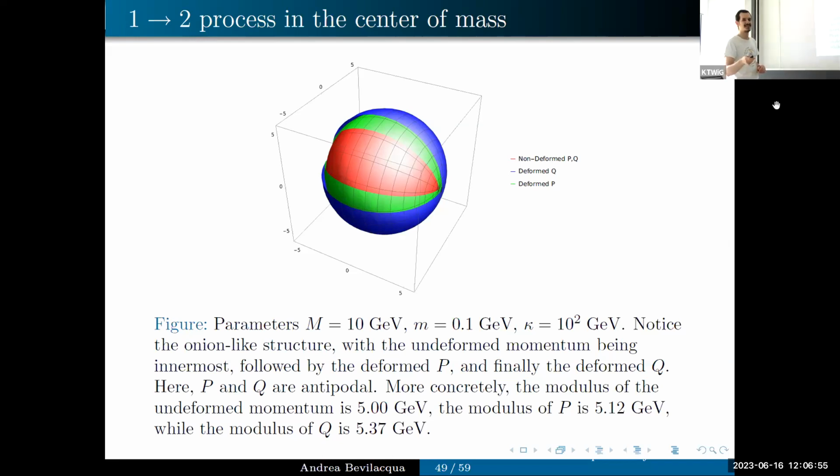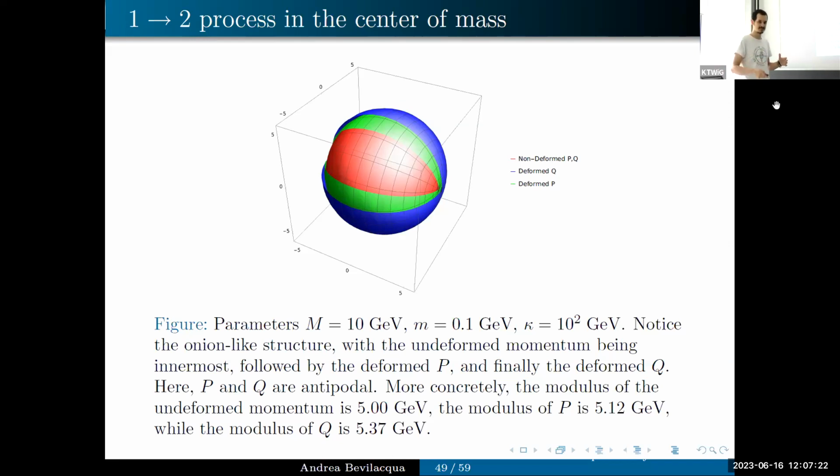In the paper I actually say that the range of phi in this graph is different; here I forgot to mention it. So here we have three balls, one inside the other, and I just cut the largest one and then the middle one. So the only effect is to make the modulus bigger in the center of mass.